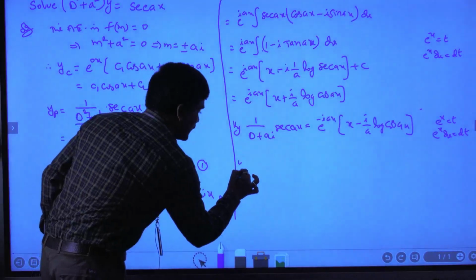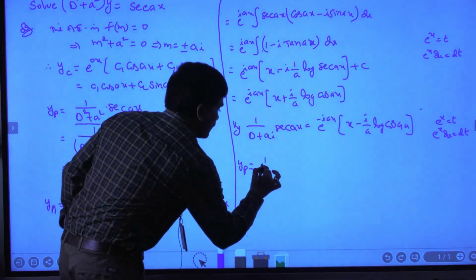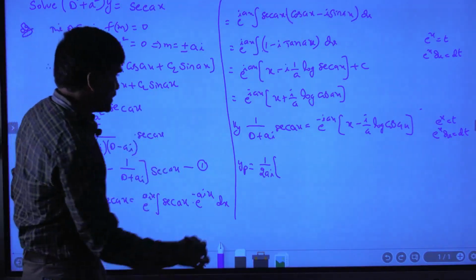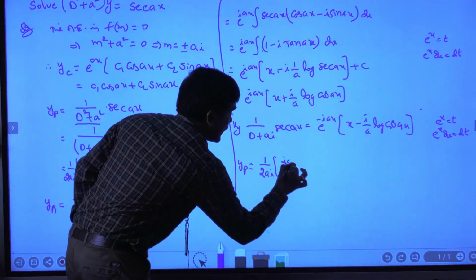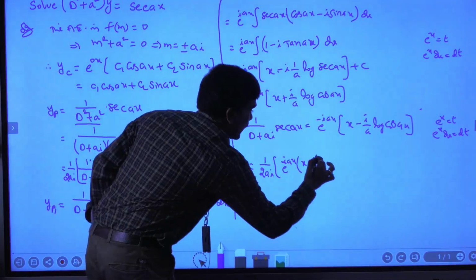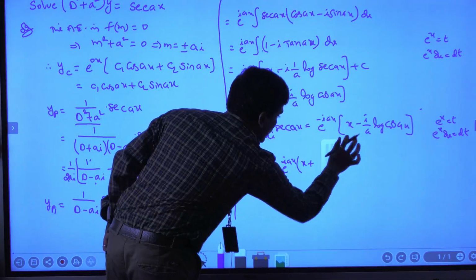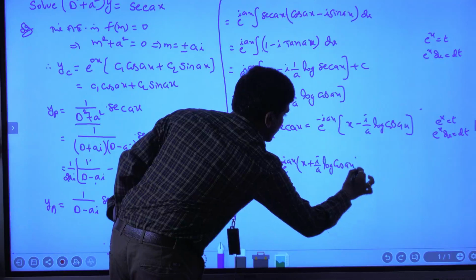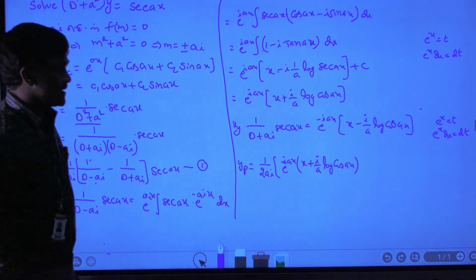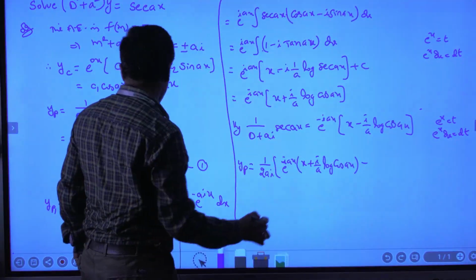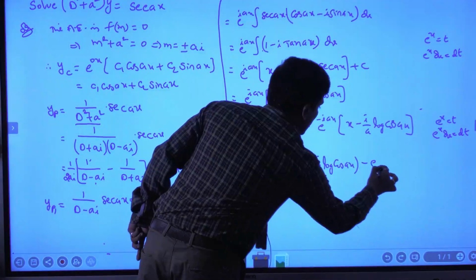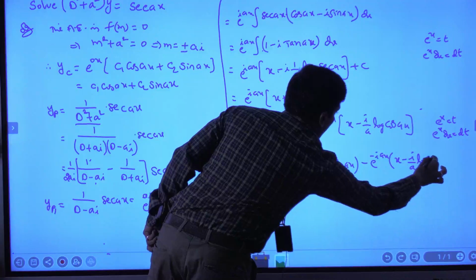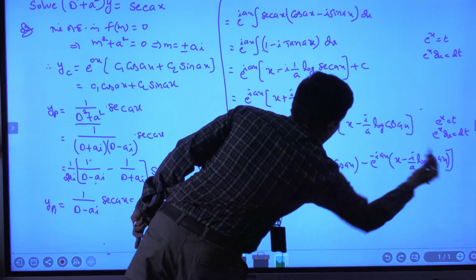So we get yp is 1 by 2ai into [e power iax (x plus i by a log cos ax) minus e power minus iax (x minus i by a log cos ax)], right?